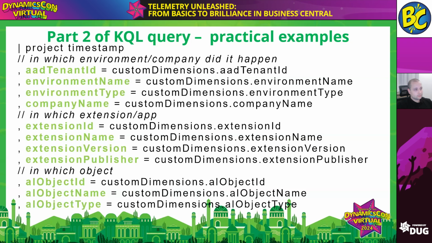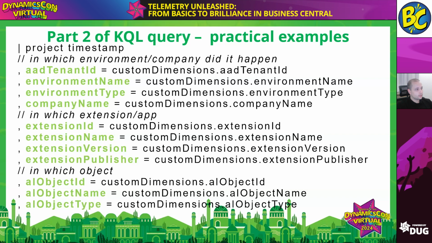Practical examples, again: in practice, this part of the KQL query is most used to shorten long expressions. So if you want to have company name, instead of writing custom dimensions dot company name, you can just define project company name equals custom dimensions dot company name, and below that point in your KQL query, you can just use company name as the expression.